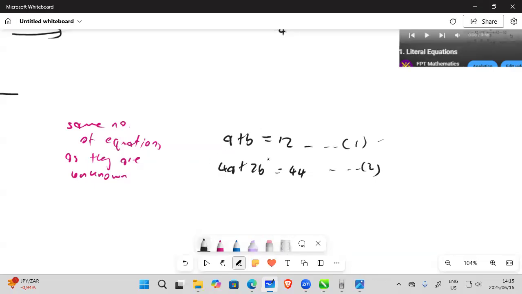Okay, and so if we solve for this, we can use substitution.